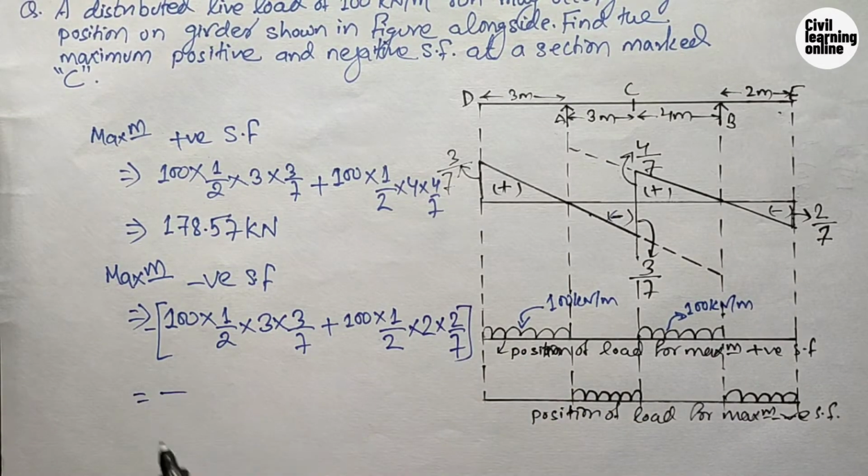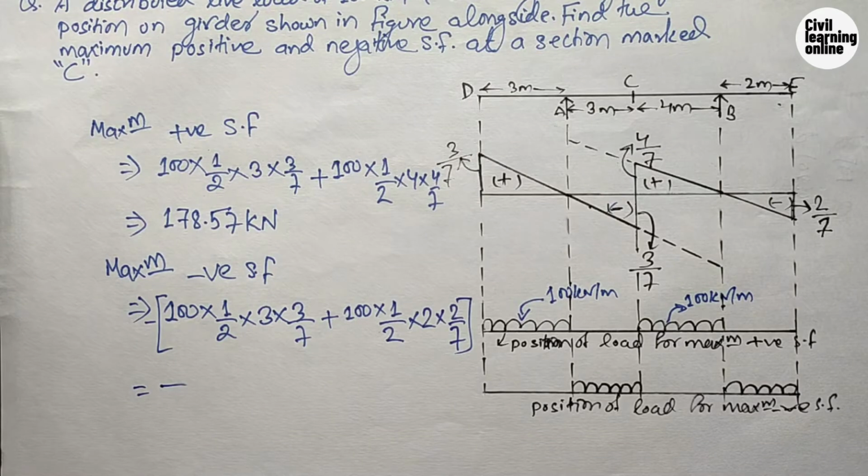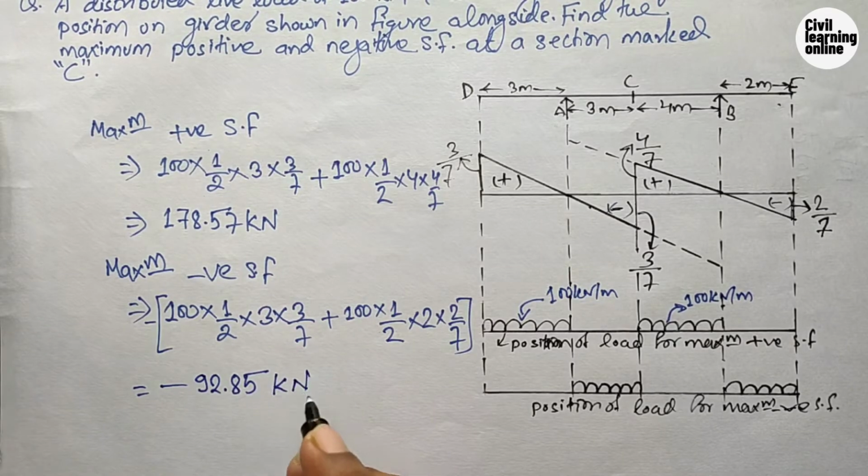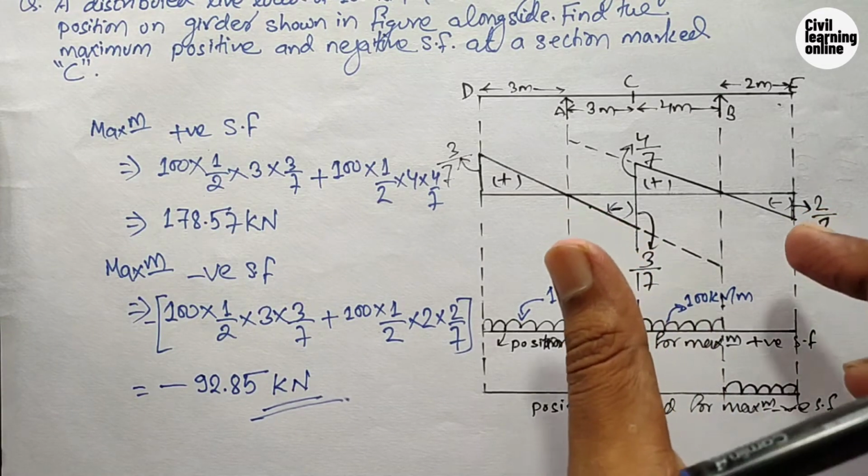On solving this, we will get the value of the maximum negative shear force, which is going to be minus 92.85 kilonewton. So we have got the value of maximum positive and maximum negative shear force for the overhanging beam at point C.